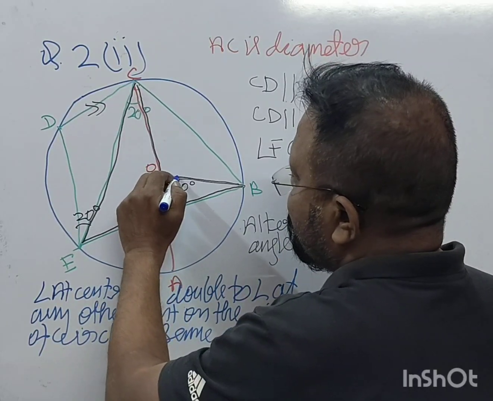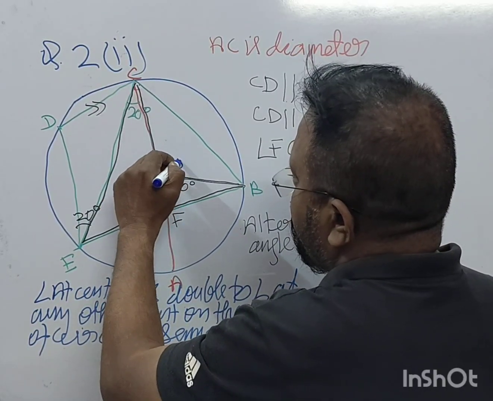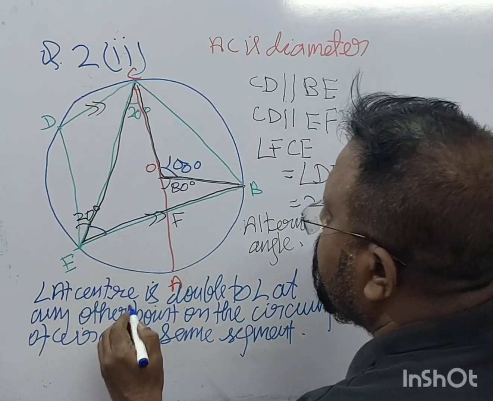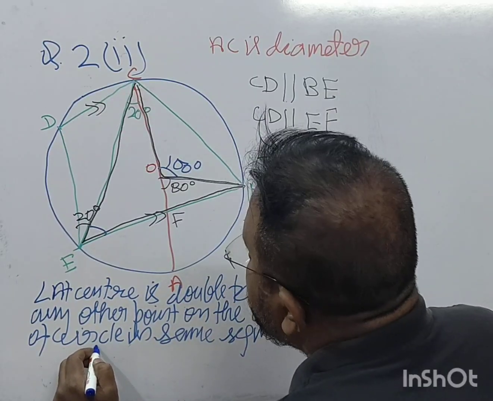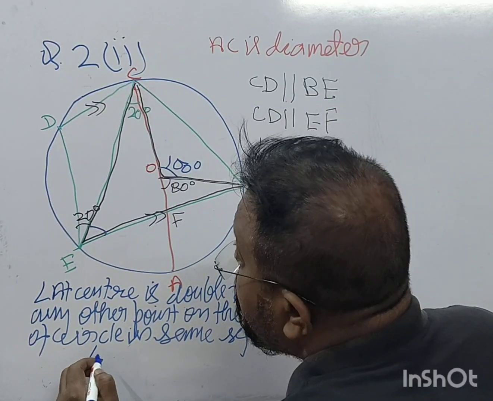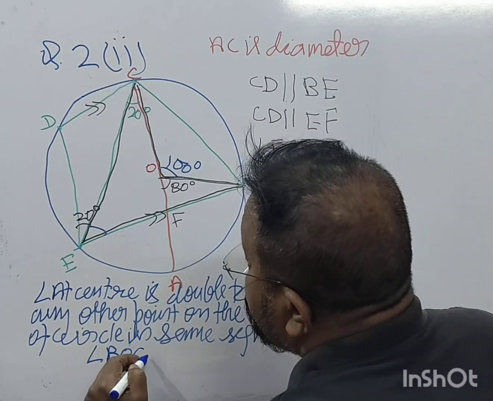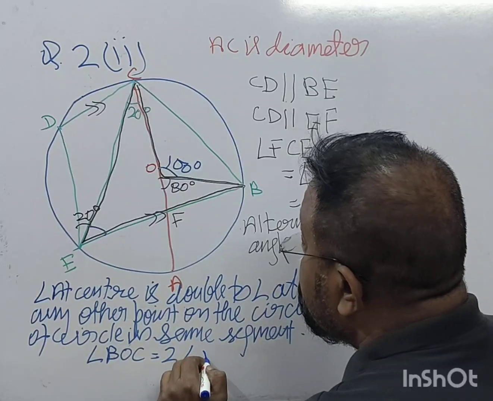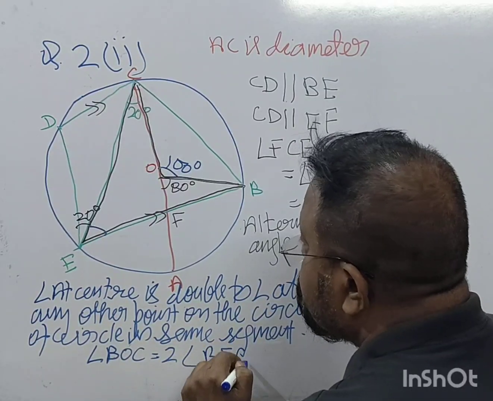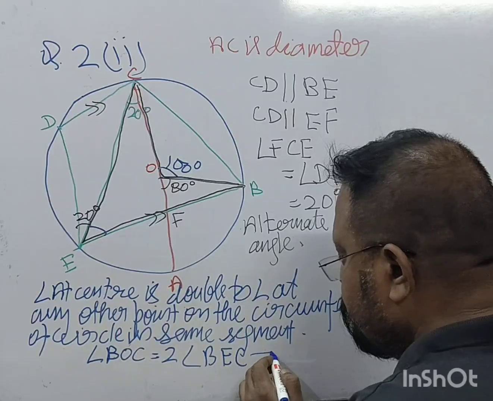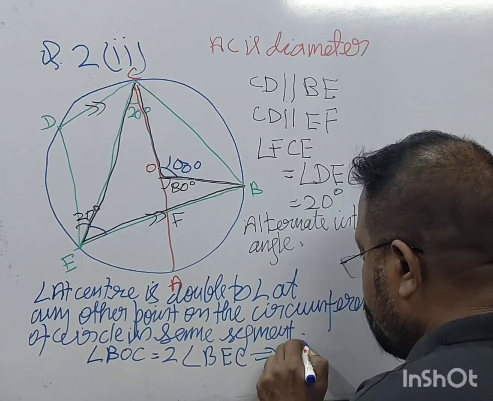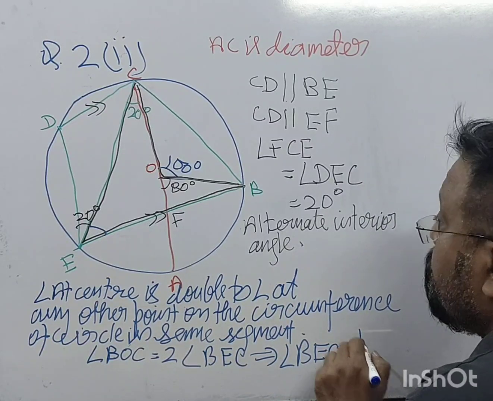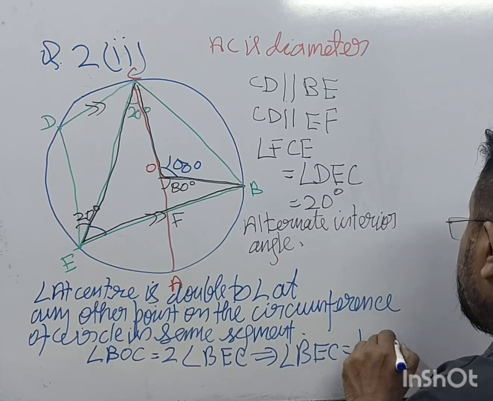So this is how much? 100 degrees. So this will be half of it. Angle BOC is double of angle BEC, or you can say angle BEC is equal to half of 100 degrees.